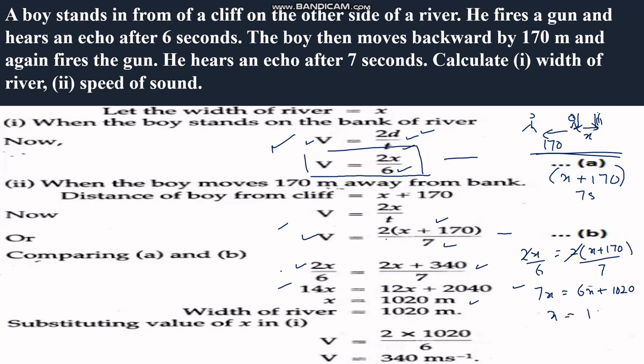So x is coming out to be 1020. Right? So this is the width of the river. And to know the velocity, velocity will be 2 into 1020 divided by 6. This will give you 340 meter per second.